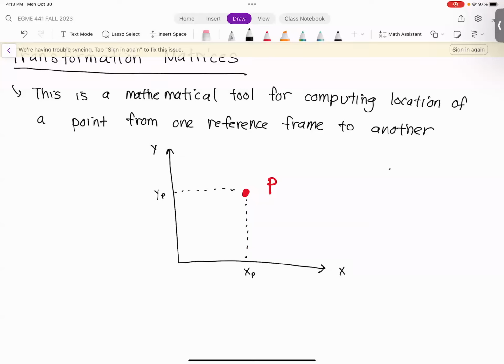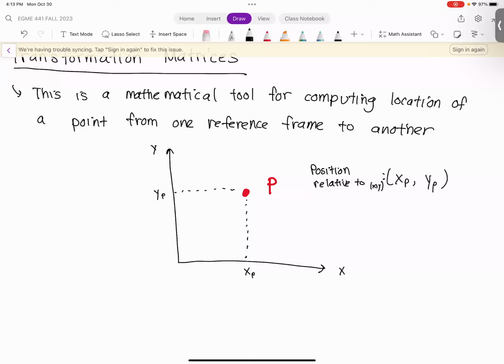That's the position of that point relative to the standard X-axis and the standard Y-axis.